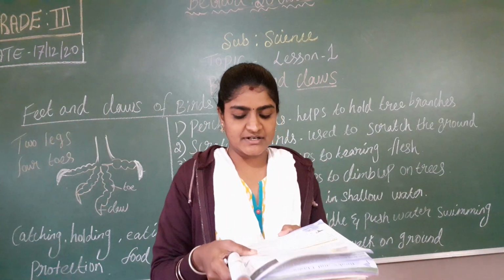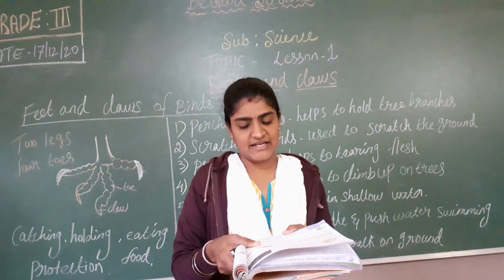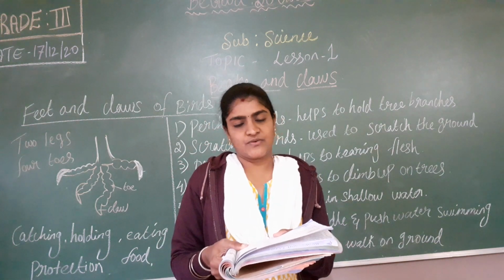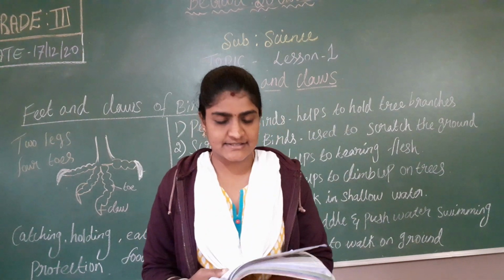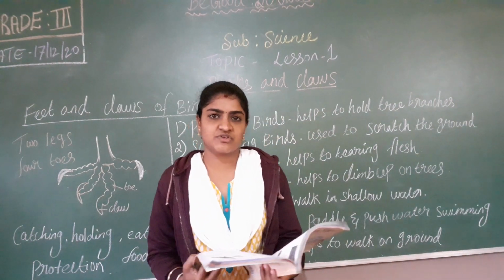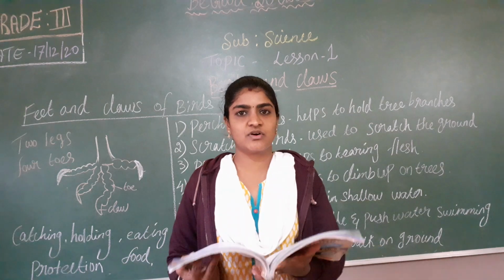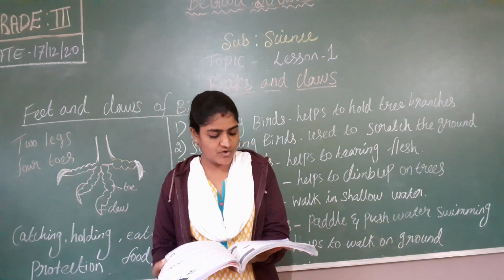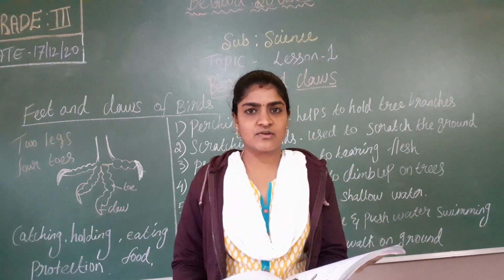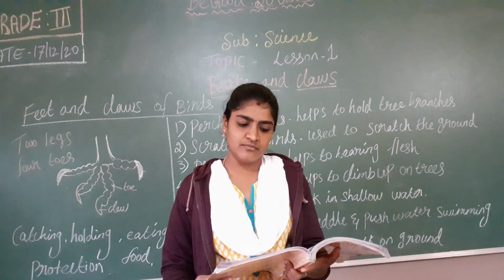Different birds have different living and eating habits, so their feet and claws are also different in shape and size. All animals have different types of eating habits. Likewise, birds also have different eating habits, and even the feet and claws vary from bird to bird.